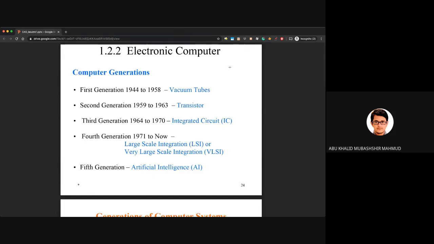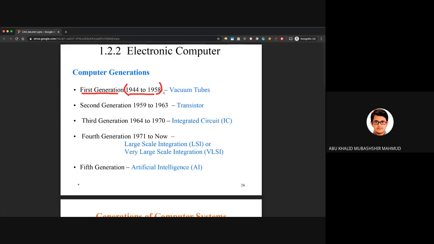Today we will start with the evolution of computers, that is, the generations of computers. At first, I would like to draw your attention to the generations and the years that belong to each generation.